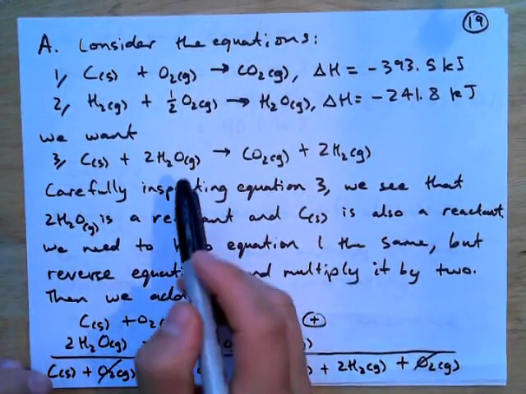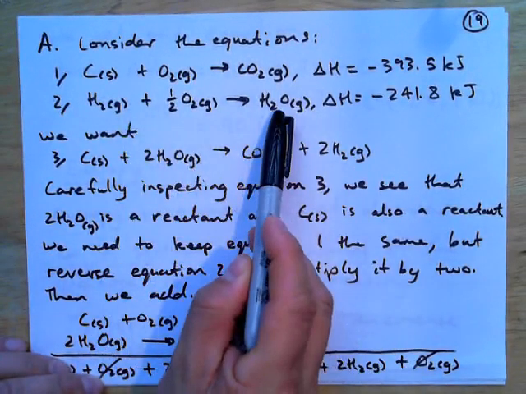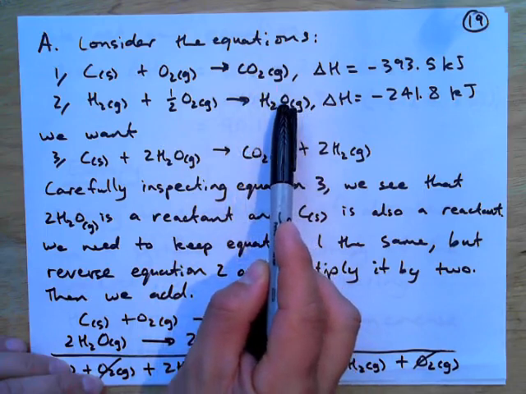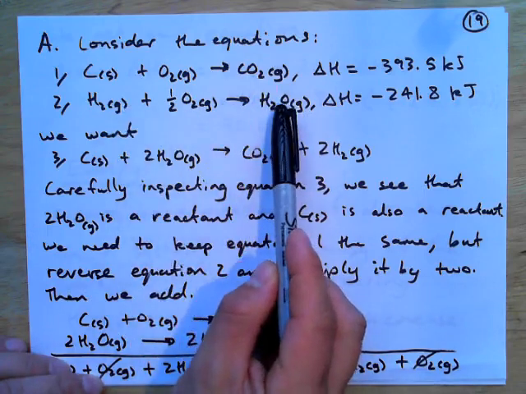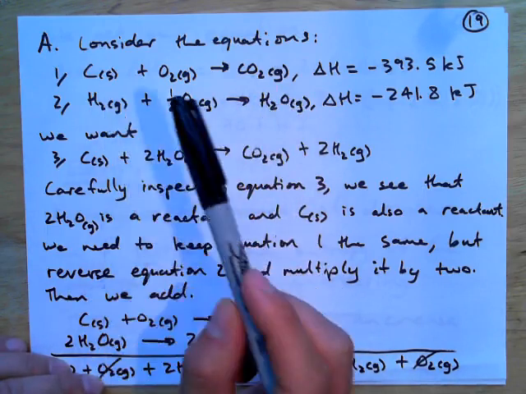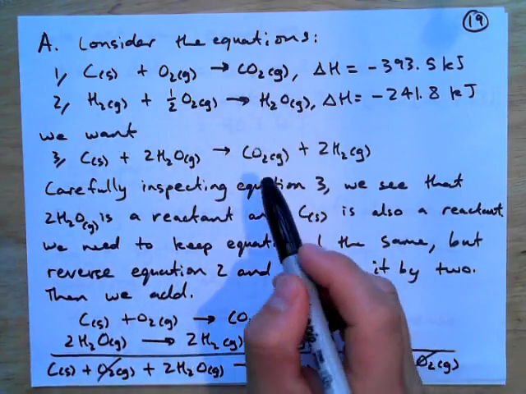Then I'll look at water, and where does water appear in these equations? Water appears up here. So if I'm going to have an addition of these two, I'm probably going to have this one flipped around, so that I'll rewrite it so it would go backwards: H2O goes to half O2 and H2. So I've got to consider that, and then I have a look at the carbon dioxide.